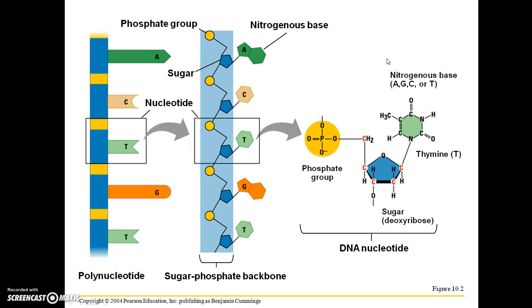And again, those nitrogenous bases are adenine, guanine, cytosine, or thymine in the case of DNA. And in the case of RNA, uracil takes the place of thymine. 2 of these are double-ringed structures, adenine and guanine, and 2 of them are single-ring structures, cytosine and thymine.